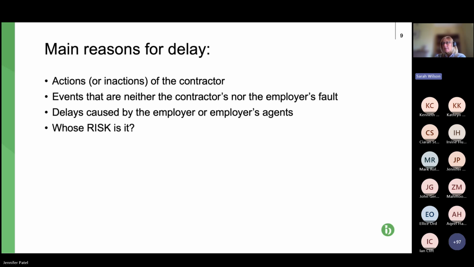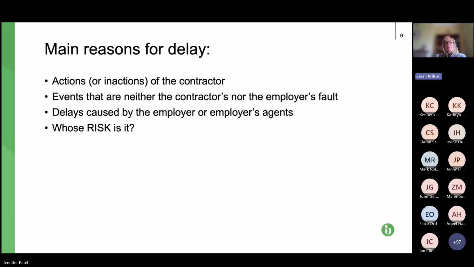And that, from my perspective, causes a whole load of problems if you get into a dispute over time, because you haven't got a programme that you can base a claim on, whereas in theory with NEC you should, and you should have all that historical background as to how the project progressed through the updated programmes.